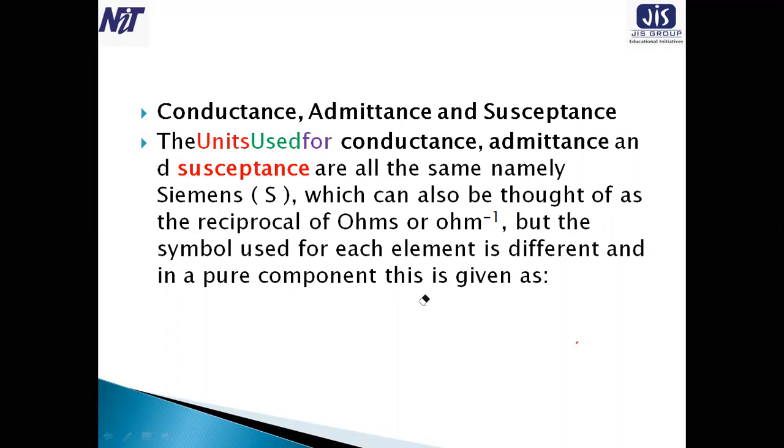So the unit of all these three terms is Siemens, which can also be thought of as the reciprocal of ohms, or ohm to the power minus 1. But the symbol used for each element is different.